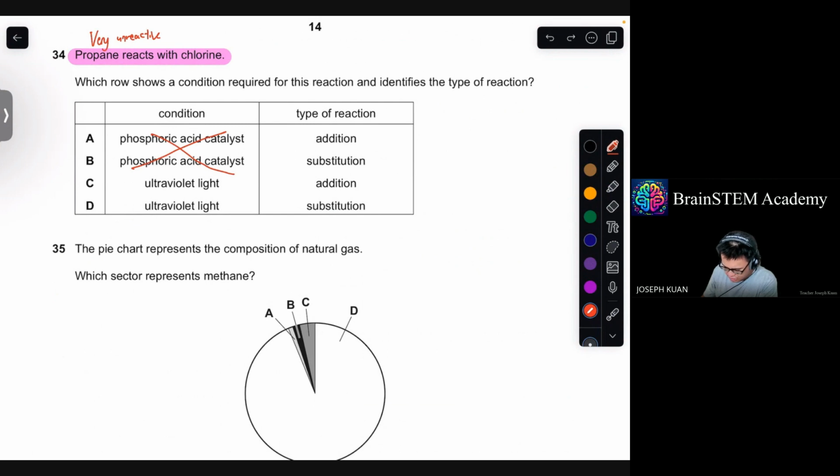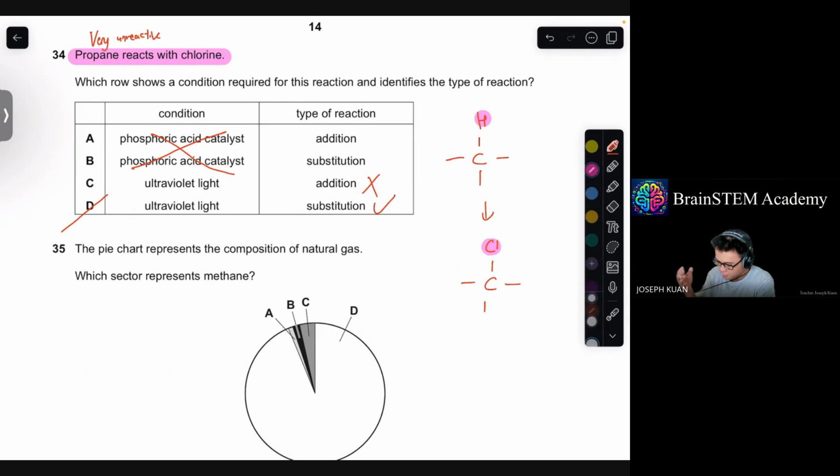And then it's not an addition process, but a substitution process. The hydrogen gets replaced by halogen groups. See this? Hydrogen gets displaced. Sorry, gets substituted, to be more precise.